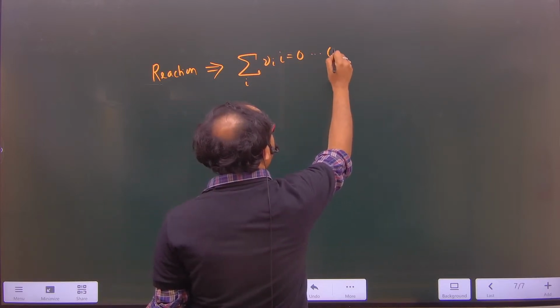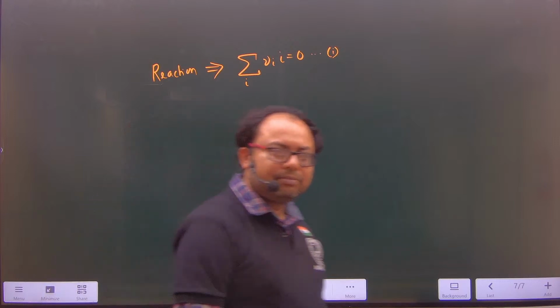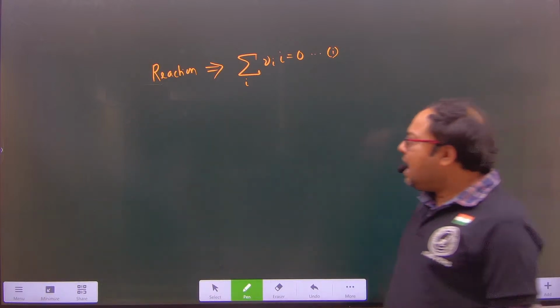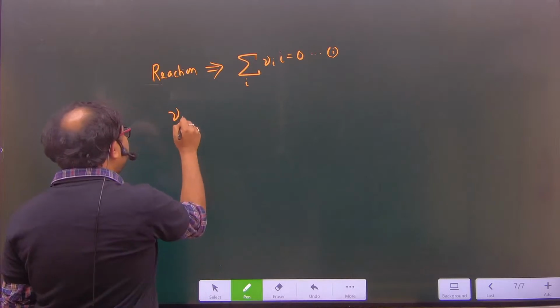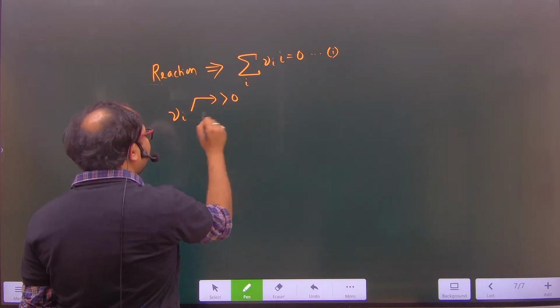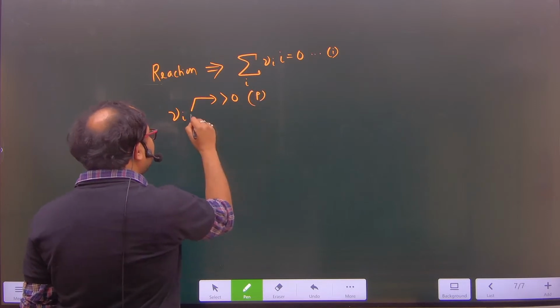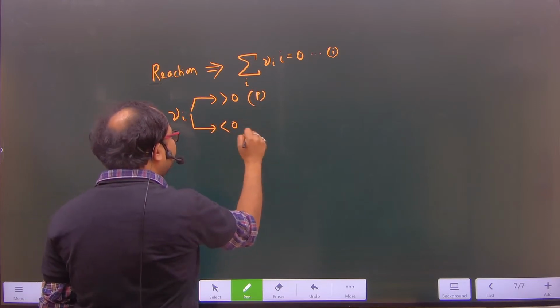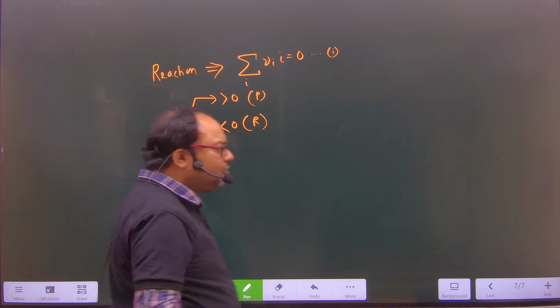This is the generalized expression, number one. And you have got nu i positive for products and negative for reactants.